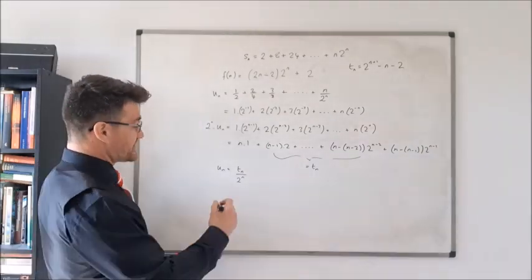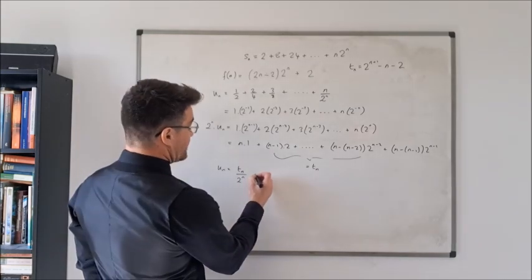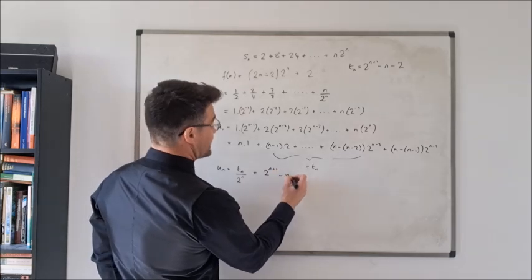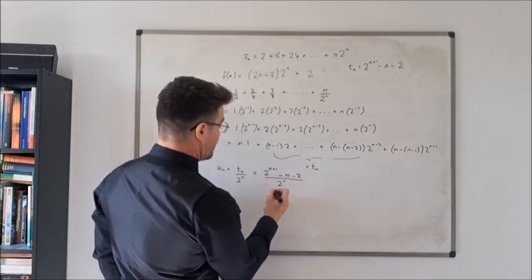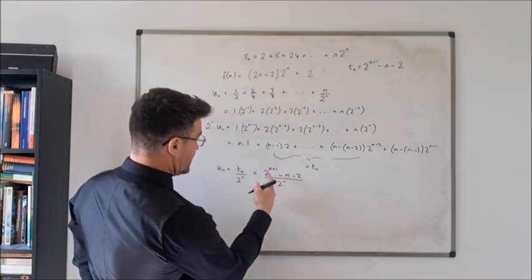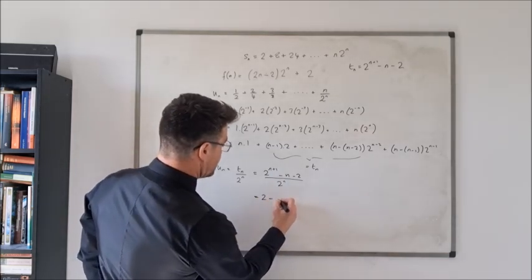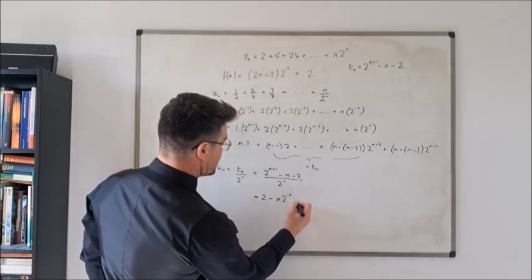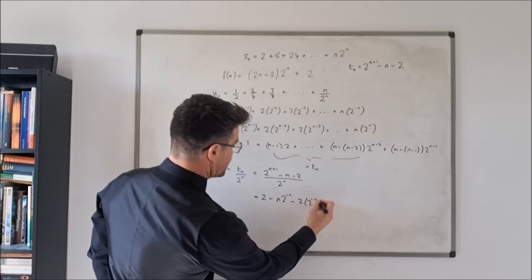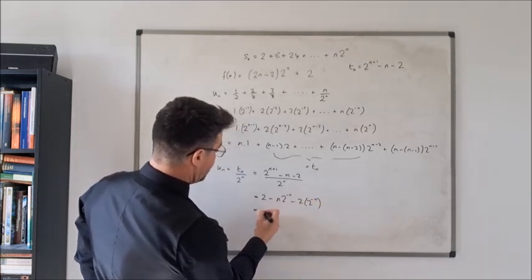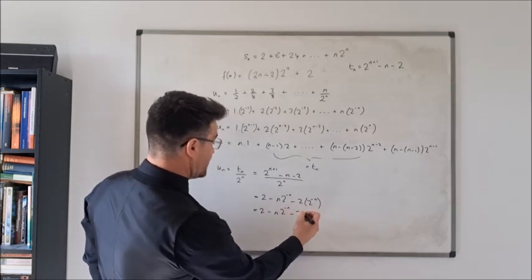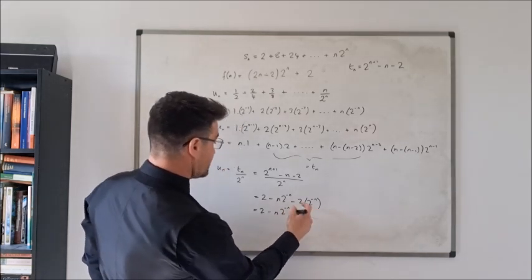So we've got un equals tn over 2 to the power of n. In other words, un is going to be equal to 2 to the power of n plus 1 minus n minus 2 over 2 to the power of n, which is 2 to the power of, that's just 2, minus n times 2 to the power of minus n minus 2 times 2 to the power of minus n, which you can simplify to 2 minus n times 2 to the power of minus n minus 2 to the power of minus n plus 1.